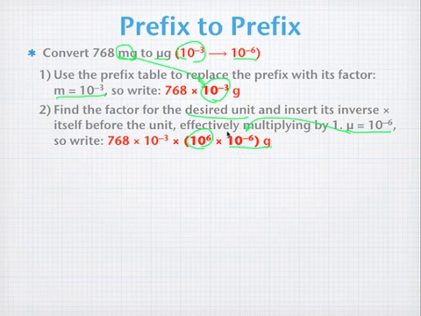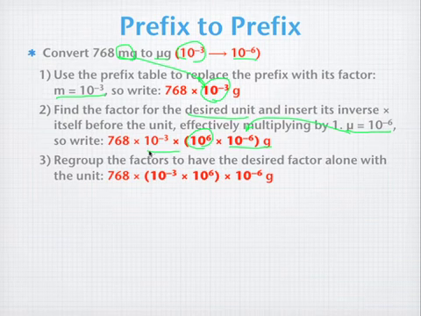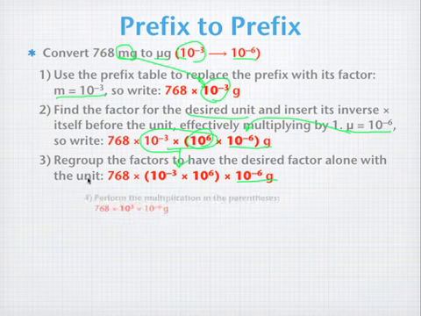Here's the trick, and here's how this method really works. We're now going to regroup our numbers. Remember, with multiplication it doesn't matter how you group it, so you can regroup it any way you want. Let's group together the numbers that are not the exponent we're looking for. We're going to leave the exponent that we're looking for alone by itself. Now let's do some quick math.